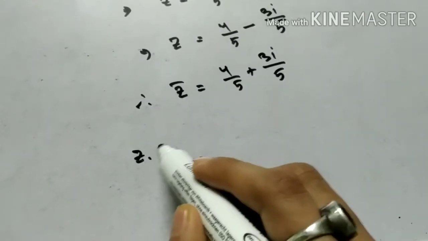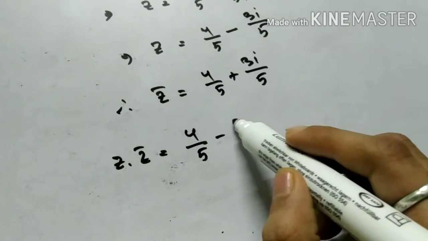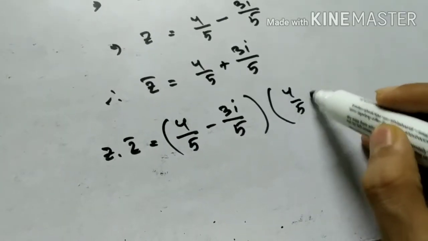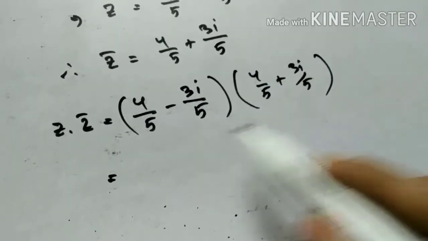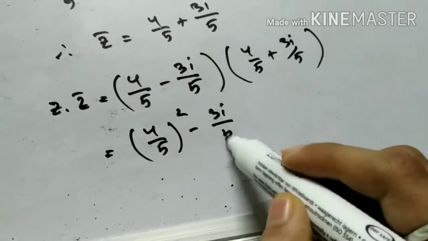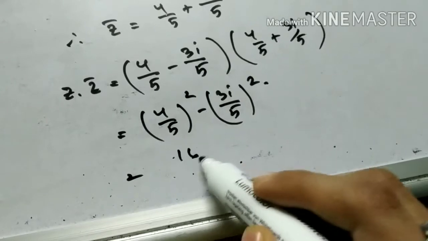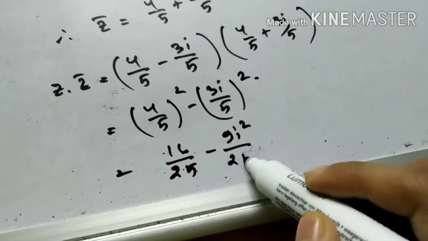Understand? So Z into Z bar is equal to 4 by 5 minus 3i by 5 into 4 by 5 plus 3i by 5, which is the a plus b into a minus b formula. So 4 by 5 the whole square minus 3i by 5 the whole square. This gives 16 by 25 minus 9i square by 25.